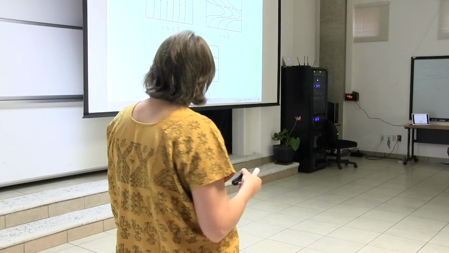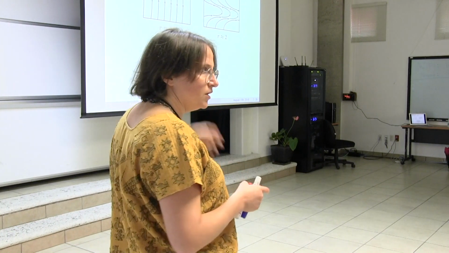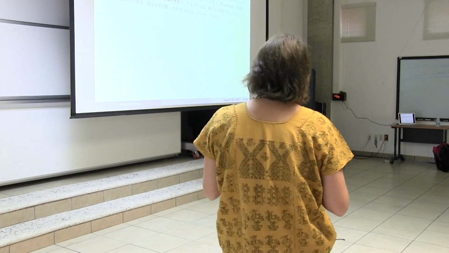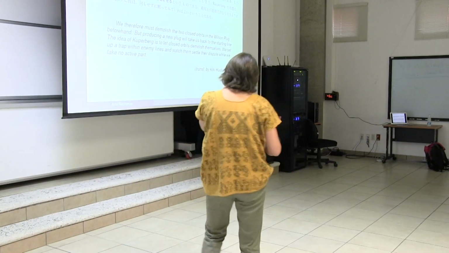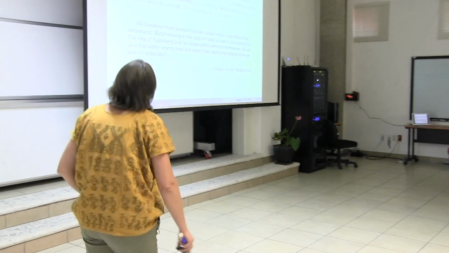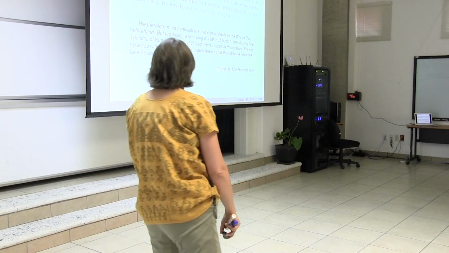Okay. So let me come back to Kuperberg. So the problem is how to get rid of those 2 periodic orbits. And the answer is this. Well, so this is quoting from Matsumoto's paper on the Kuperberg plug.